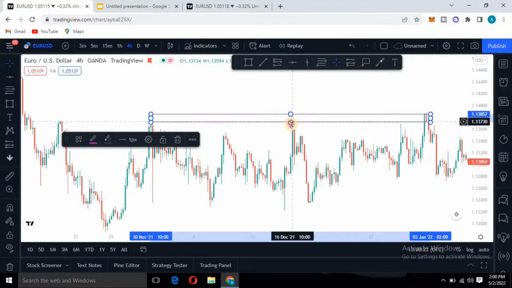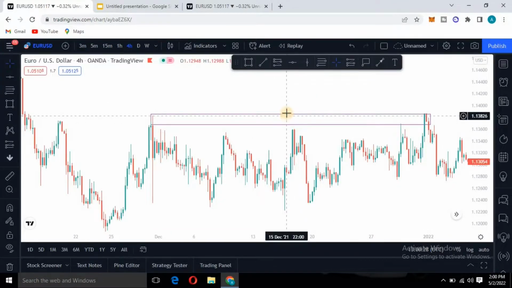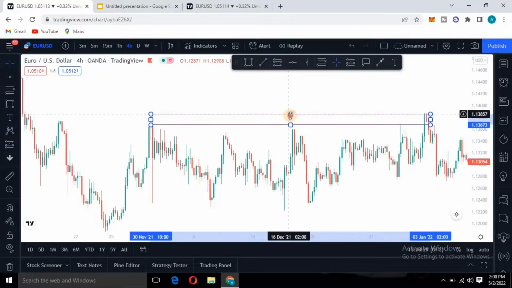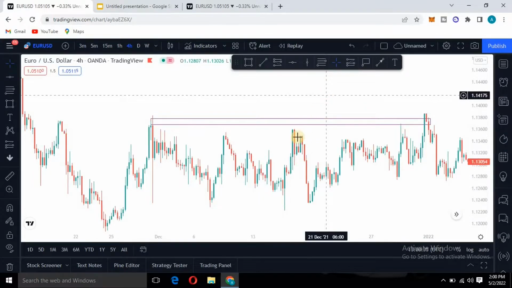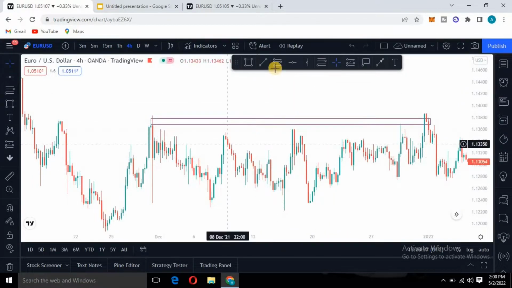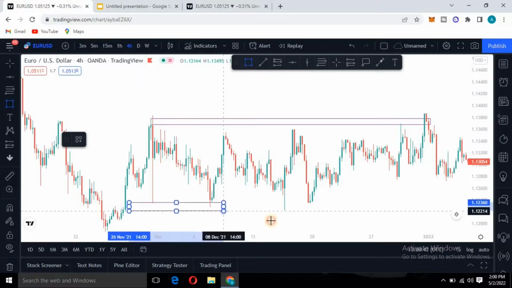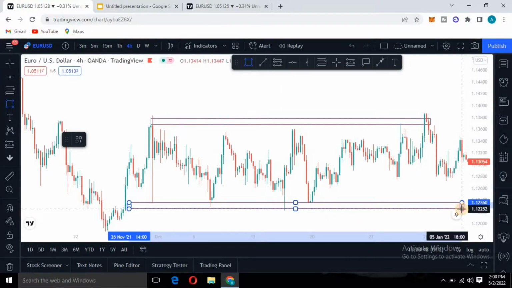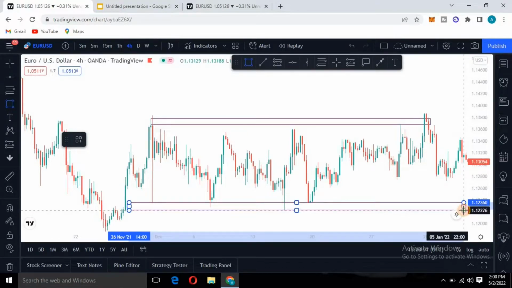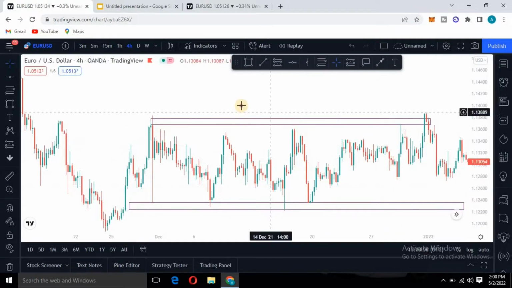You can decide to do it like this. You can draw something like this, then you come down as well and draw it downward. Having identified this, this is the up one.